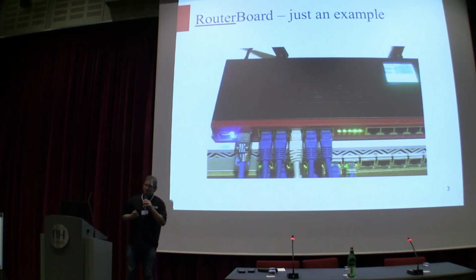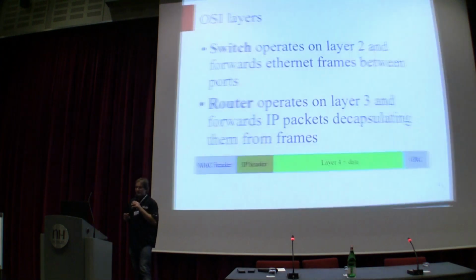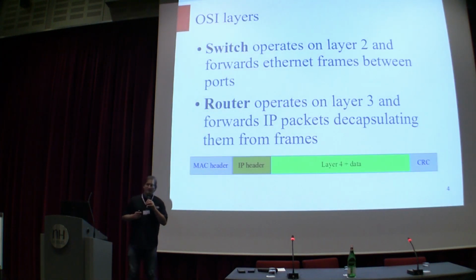And as you know, there is a difference between routers and switches. A switch is a very simple and usually cheaper device that operates on the second layer of the OSI model. It just takes the Ethernet frame and forwards it to another port. It just looks at the destination MAC address and directs the Ethernet frame to the proper port.